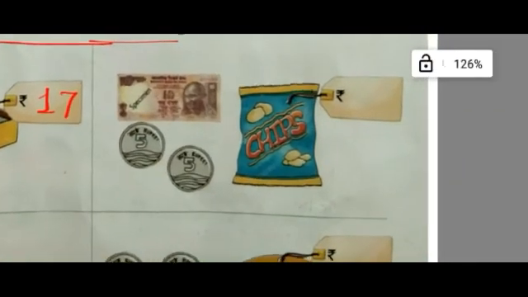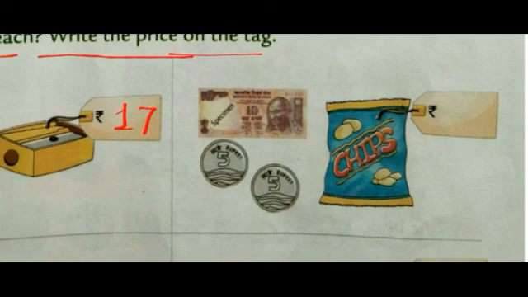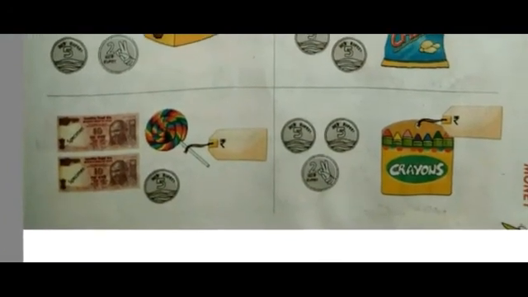Now we have to find out the price of this chips packet. So 10. We will start with the biggest amount. 10 plus 5, 15. And 15 plus 5, 20. So this chips packet is for 20 rupees. Okay. Now see the third one.